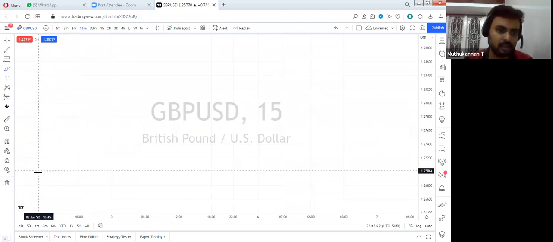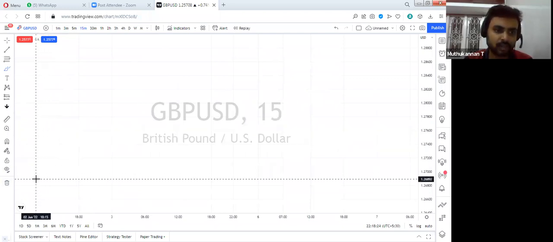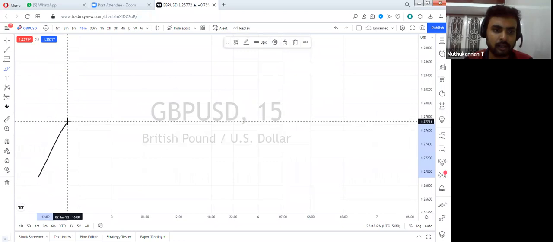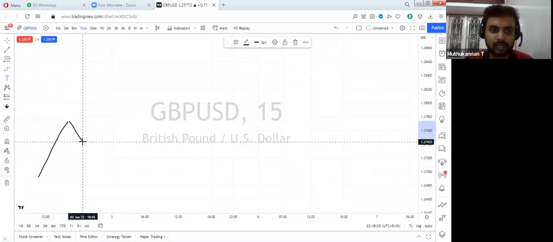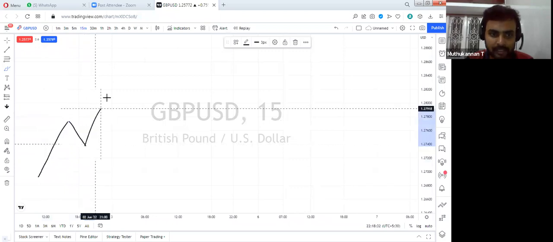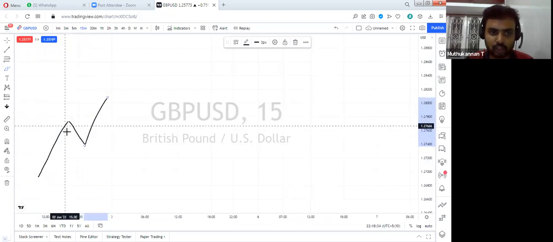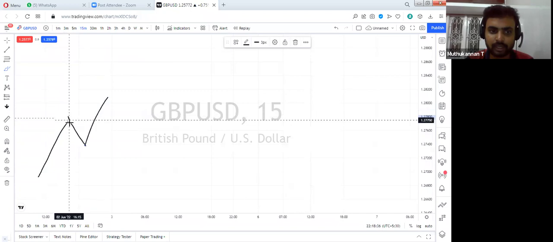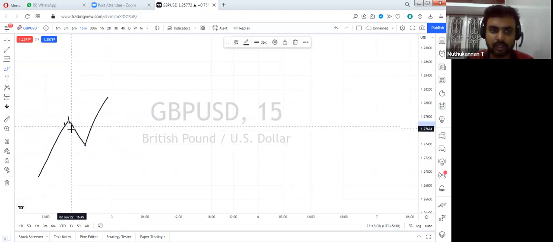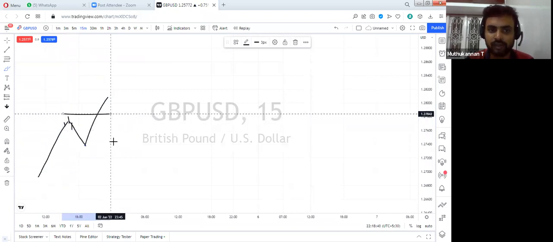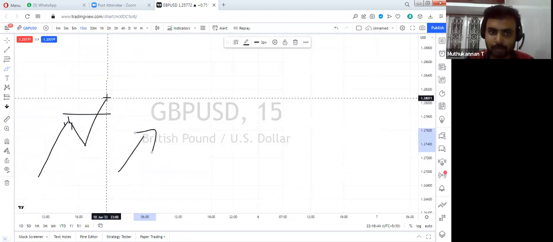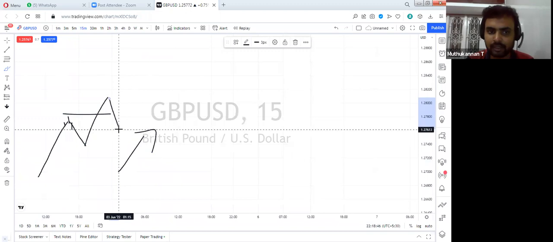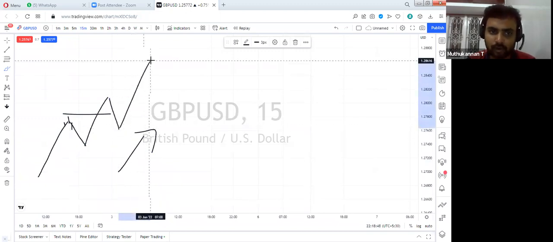Market structure means when the price creates impulsive moves and retracements, and when price breaks the structural point. Here the structural point is nothing but swing points. When it breaks the structure, we can say the market is bullish, so we can expect price will retrace a little bit and it can go up from here.